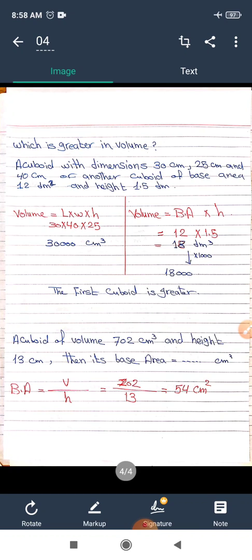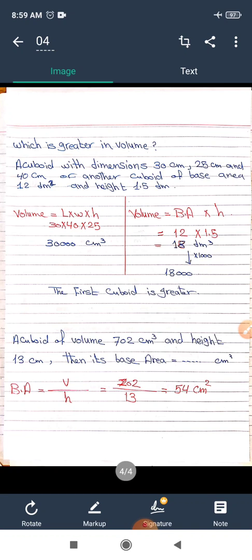Volume of the other cuboid, base area times height, 12 times 1.5 equals 18 cubic decimeters. To compare the two cuboids, we must put them in the same unit. To convert 18 cubic decimeters to cubic centimeters, multiply by 1000, equals 18,000. So the first cuboid is greater than the second cuboid.